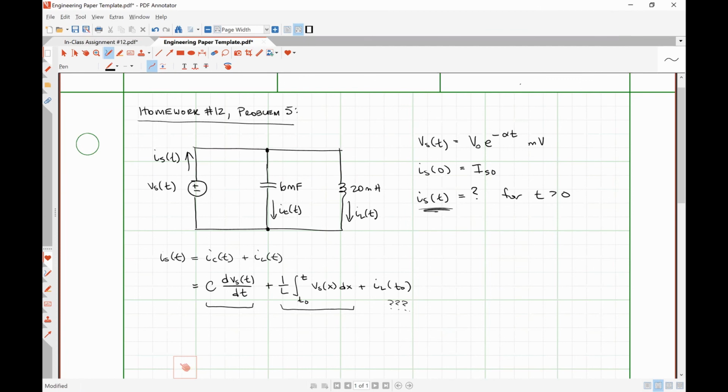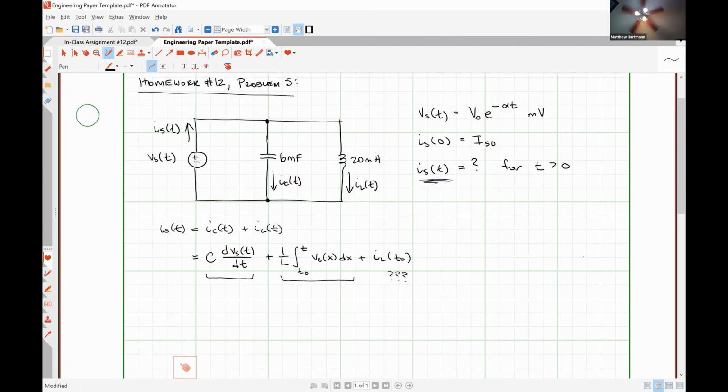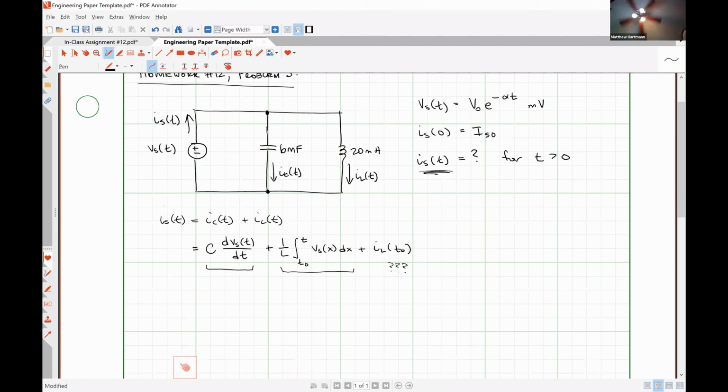I'm going to posit a question for you guys. This Kirchhoff's current law equation is valid for all points in time. So shouldn't it be valid for a singular point in time as well? Of course. So what I'm getting at here is that Is at 0 should be IC at 0 plus IL at 0.